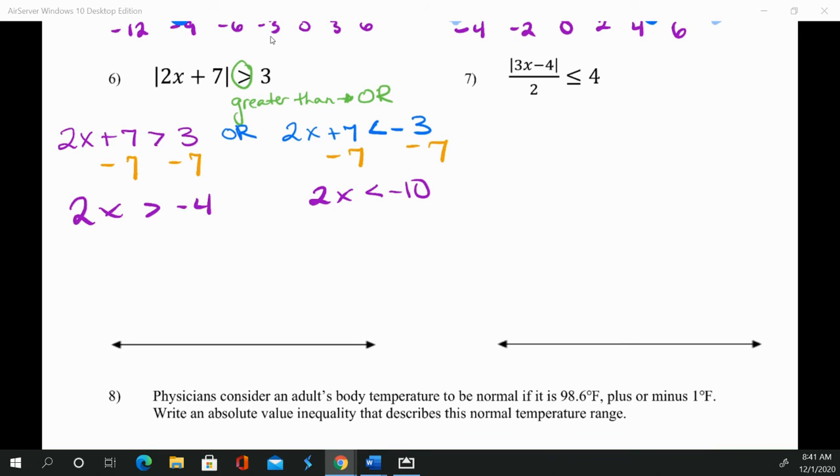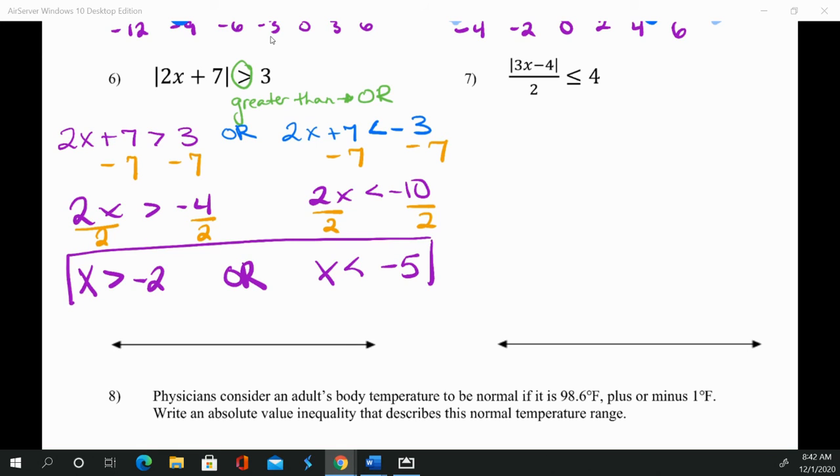We're multiplying both x's by 2, so we're going to divide both sides by 2. Now feel free to do all the left inequality first if you'd like, and then move to the right. I just figured because the steps are the same, it's kind of nice to not think about it twice and just kind of move through both inequalities together. But that's your choice. So we get x is greater than -2 or x is less than -5.